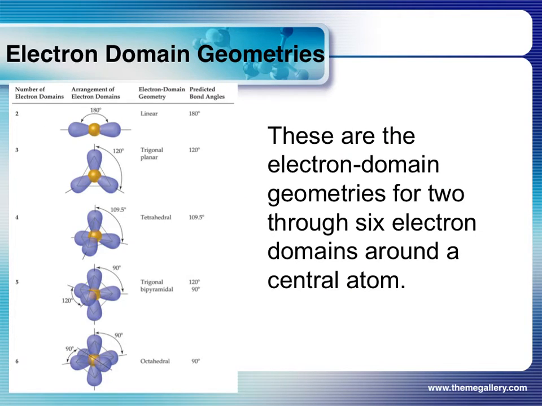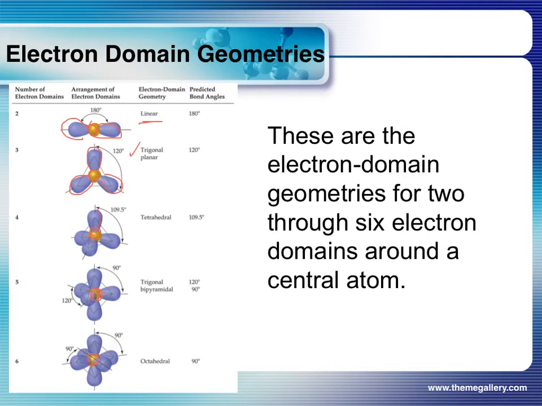So just as a brief overview, you don't need to memorize this yet. I'm going to go through them one by one, but just to let you know what we're talking about. The gold ball represents the central atom in all of these drawings, and it shows you the geometry that a molecule would adopt if the central atom had 2 electron domains. Okay, that would be linear. If a central atom had 3 electron domains, it's called trigonal planar.